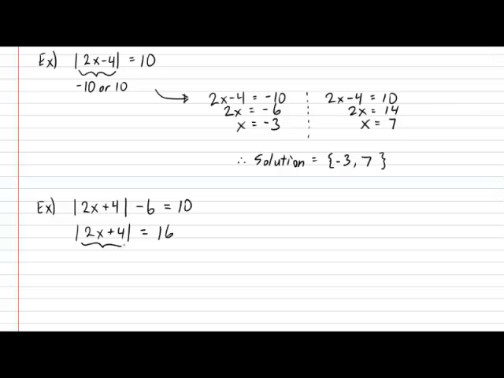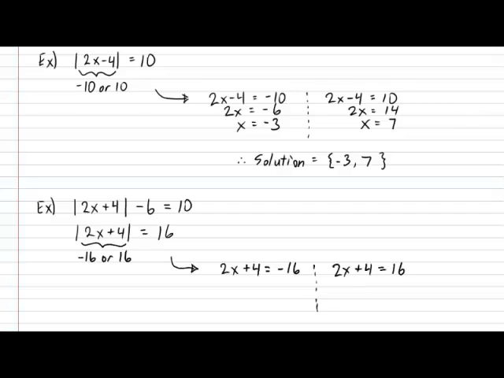Well, it's pretty easy. It would have to be either negative 16 or positive 16. And now let's focus on the 2x plus 4. So we know that 2x plus 4 could equal minus 16, or the 2x plus 4 could also equal positive 16.